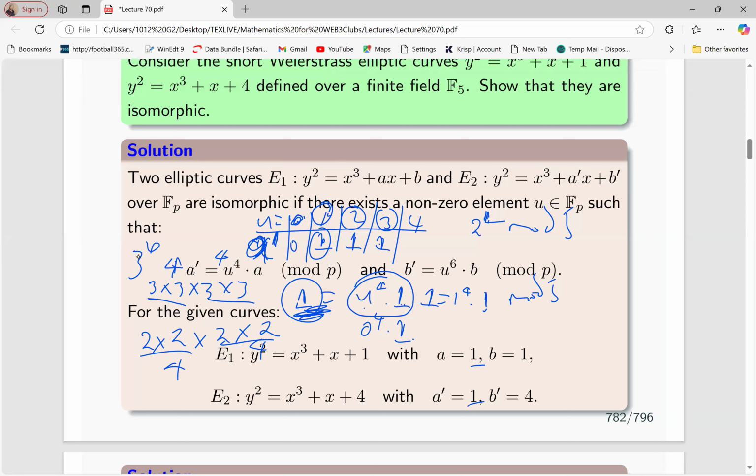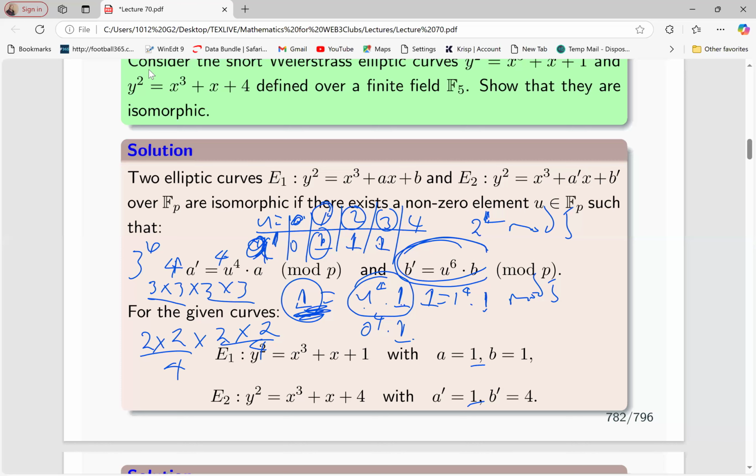When u is 2, we get A prime to be 1 also. And when u is 3, A prime again is 1. I've not done 4. But that's not the only condition. The other condition is that you also check this. Where the values agree, that becomes your u.